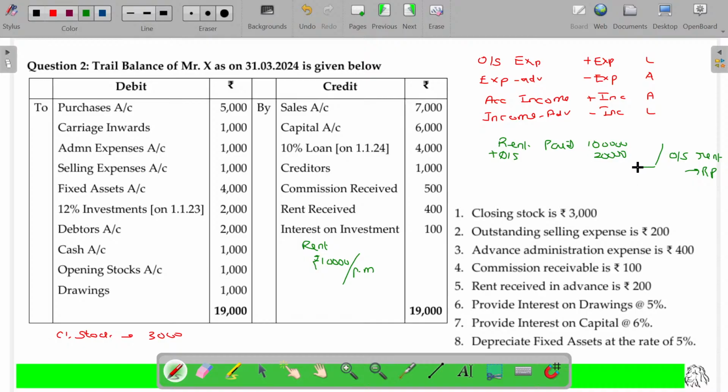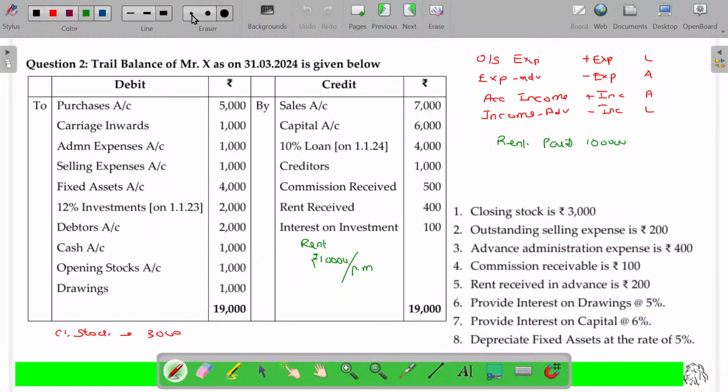Suppose the actual rent paid being 1,30,000 rupees. What does it mean? Per month 10,000 for the 12 months, so 1,20,000 should be there.